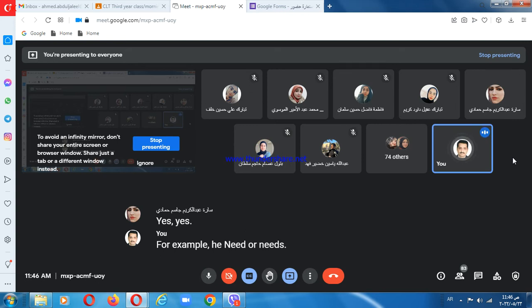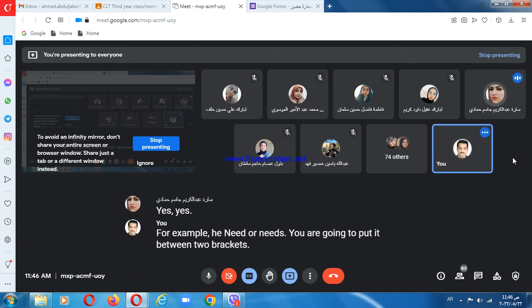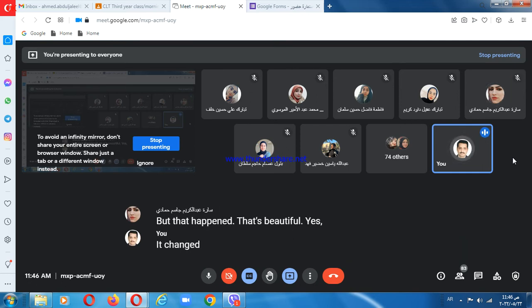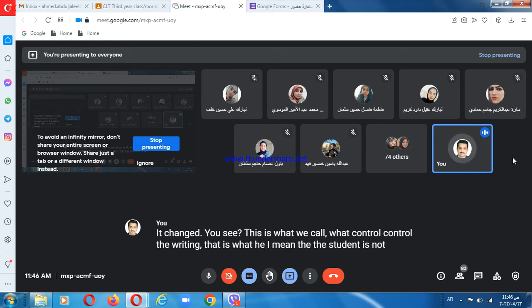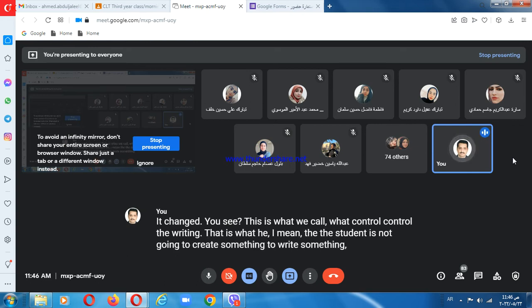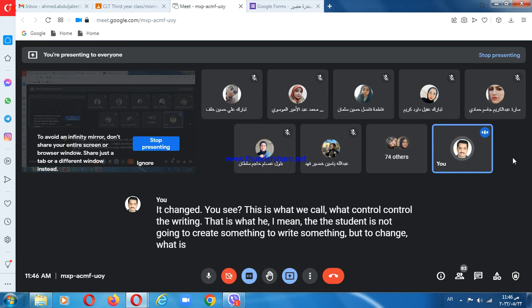Then the students choose the suitable one. You see, this is what we call controlled writing. The student is not going to create something or write something, but to change what is found, or to choose which is suitable. So is that okay?